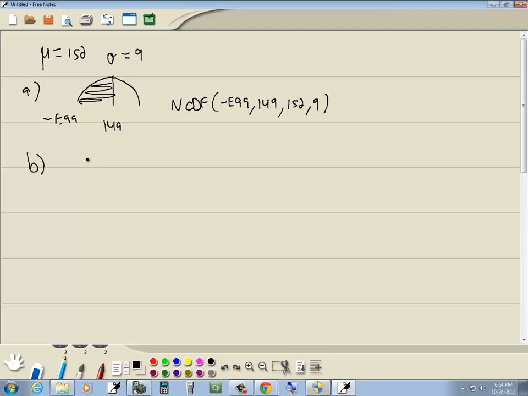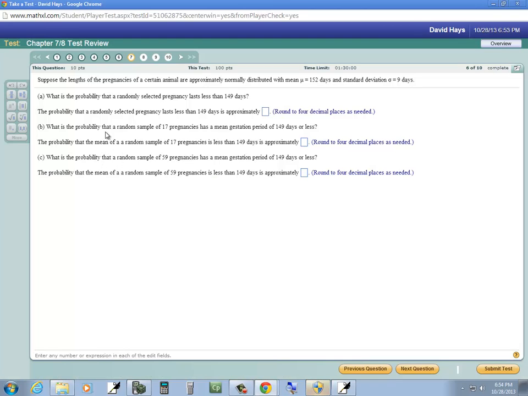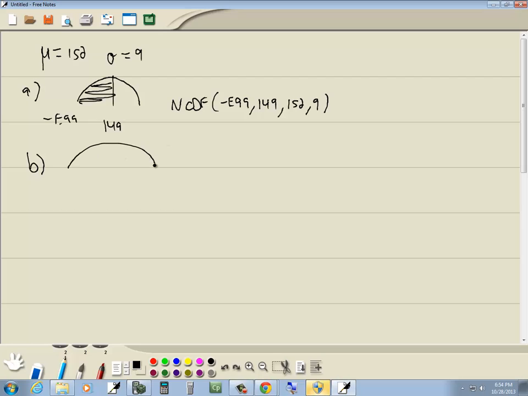Now let me go ahead and do the setup for the rest of these two. B. What is the probability a random sample of 17 pregnancies has a mean gestation period of 149 days or less? Picture is still the same. 149 or less, so it goes this way. Negative E99. We'll have normal CDF, negative E99, comma, 149, comma, our mean, comma.